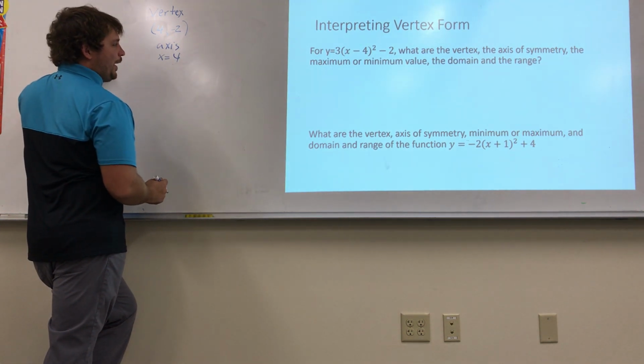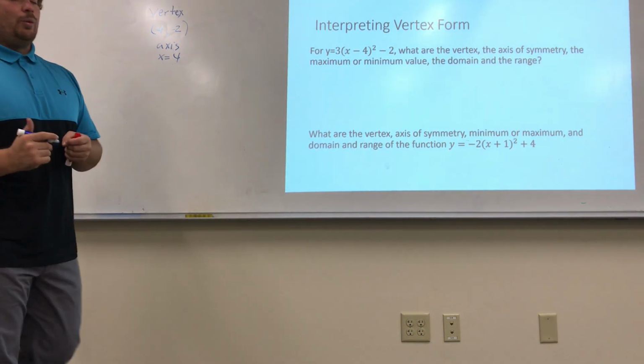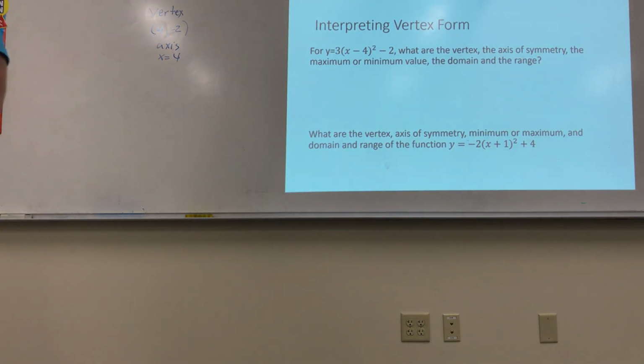Okay, is this going to be a maximum or a minimum value? Well, is it going to open upwards or downwards? Well, is it a negative number? It is a positive number, which means that it's going to open upward, which means you're probably going to have a minimum.